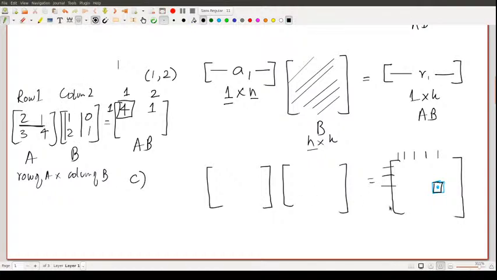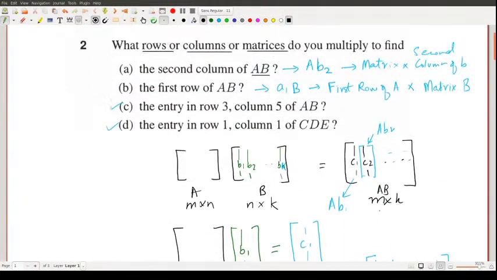And the way I got this was to take row 1 of A and multiply it with column 2 of B, which means to get this entry, which is in row 3 and column 5, I need to take the third row of A and take the dot product with the fifth column of B, right? So that's the answer to this one.